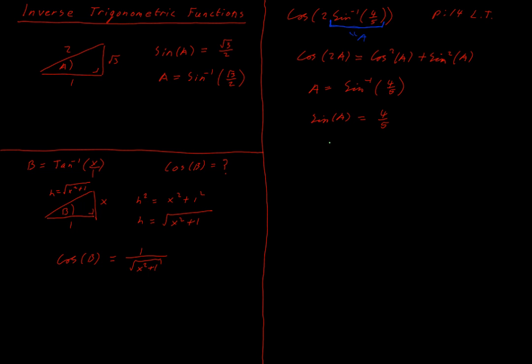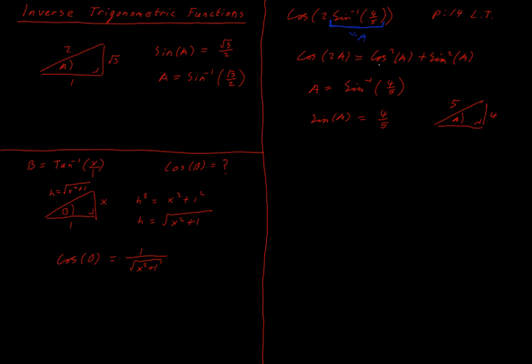So let's draw in our model triangle. If sine A is equal to 4 over 5, we have A in this corner here, and we have a right angle. The opposite over the hypotenuse is our sine, so 4 over 5. So we're missing our third side in here, and do we need it?